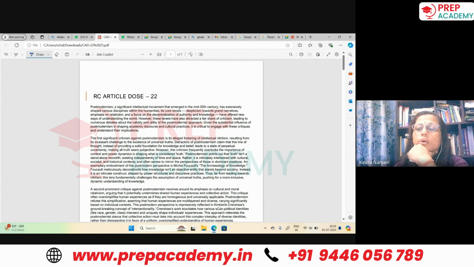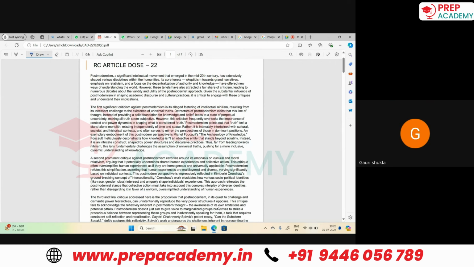Okay, first paragraph. That's it, Rachel. Now Gauri will read it. The first significant criticism against postmodernism is its alleged fostering of intellectual nihilism, resulting from its incessant challenge to the existence of universal truths. Detractors of postmodernism claim that this line of thought, instead of providing a solid foundation for knowledge and belief, leads to a state of perpetual uncertainty, making all truth seem subjective.